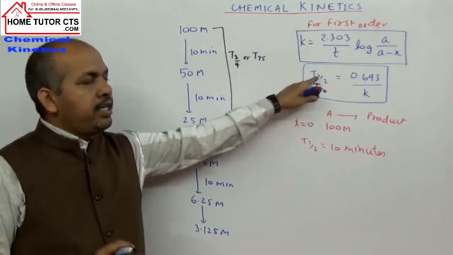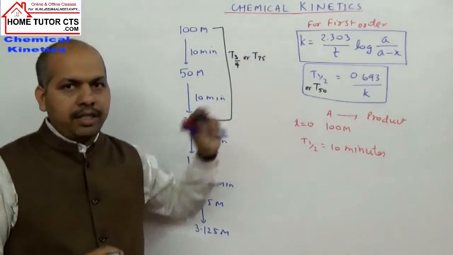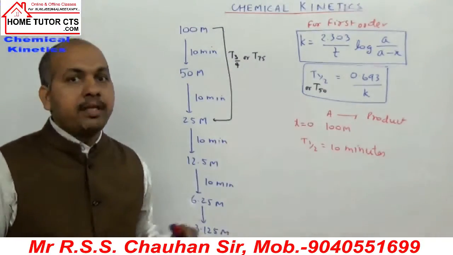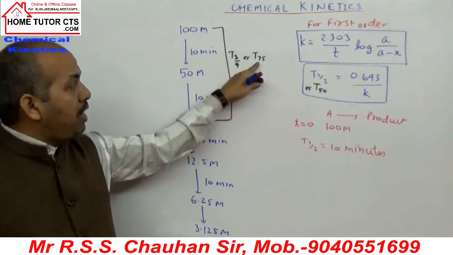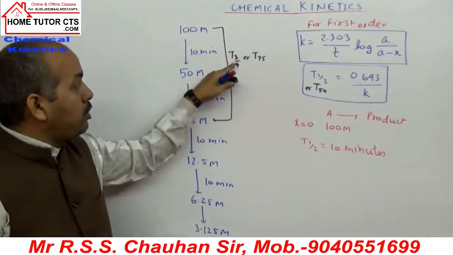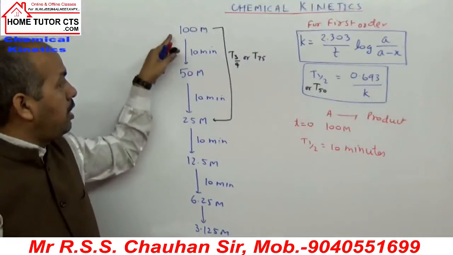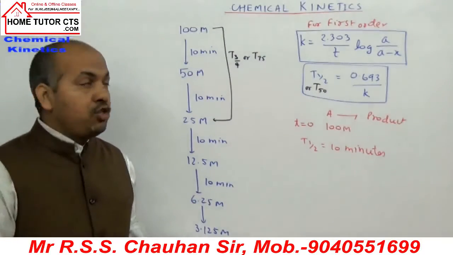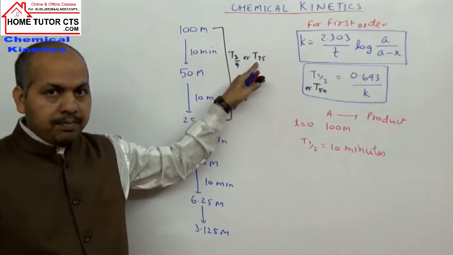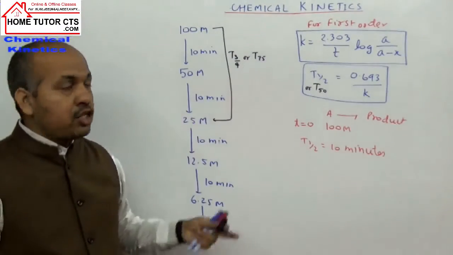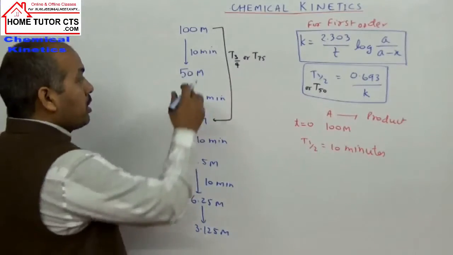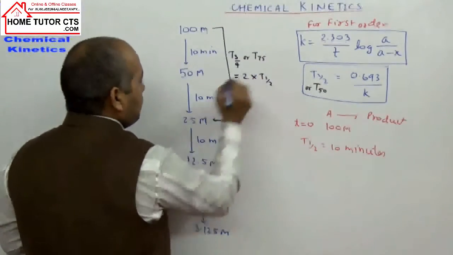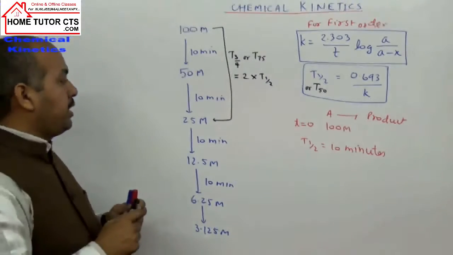Sometimes we write t half more commonly, but sometimes t 50. For t 75%, 75% of the reactant is consumed, that is 3/4. Initial amount is 100, remaining is 25, so 75% is consumed, which is 3/4 by fraction. And the relation of this t 3/4 with t half is that it is double the t half.